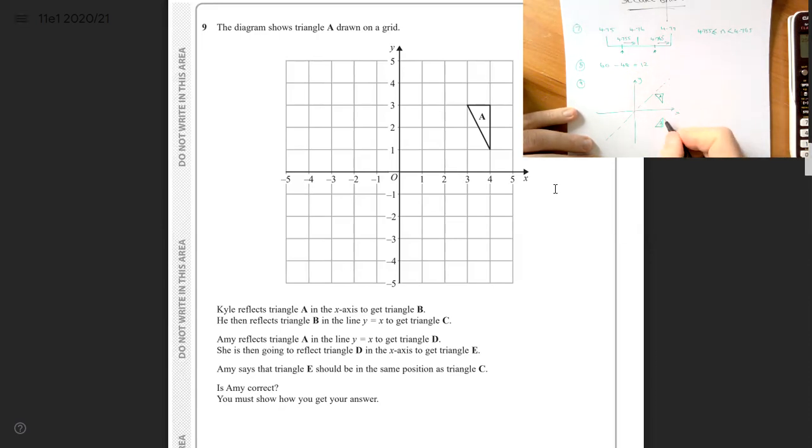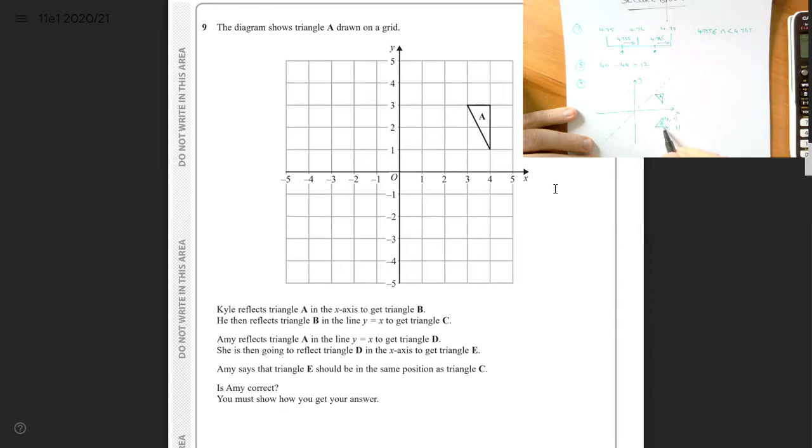Okay, so this coordinate here is 4, minus 1. So that is going to go up to minus 1, 4. This one's going to be 4, minus 3.